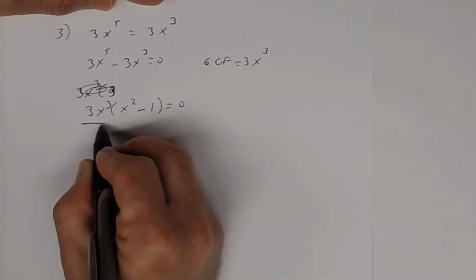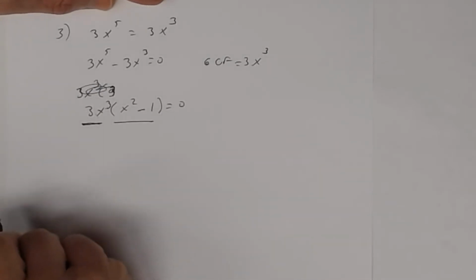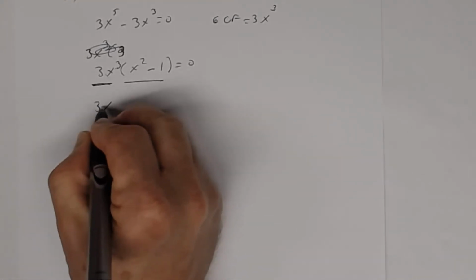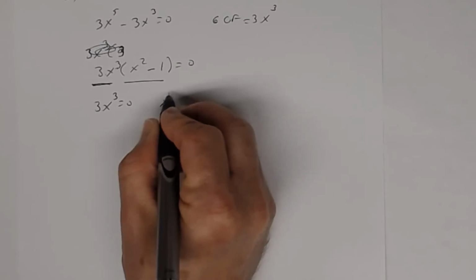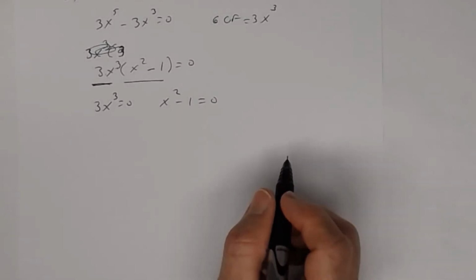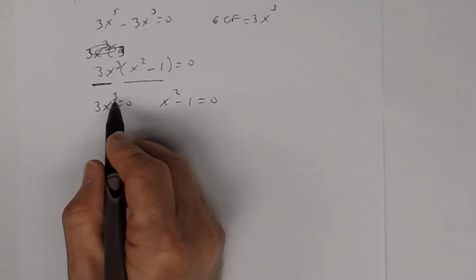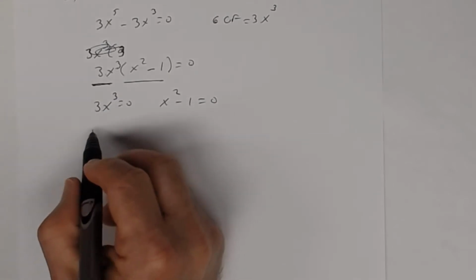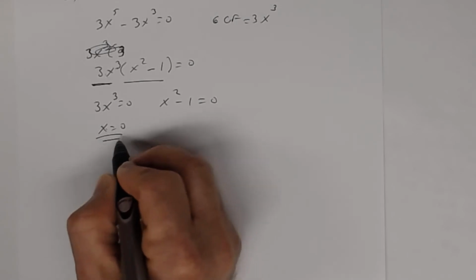And now you're going to set each of these factors equal to 0. That's your next step. So I get 3x cubed equals 0 and x squared minus 1 equals 0. This was the easy one. That monomial, 3 times what number times itself 3 times is 0? Well, when x is 0, right?